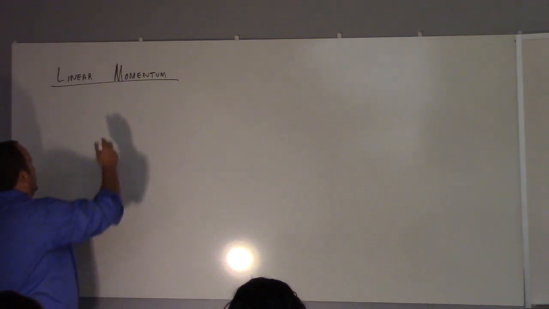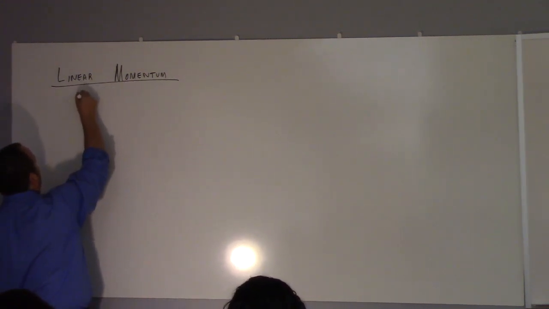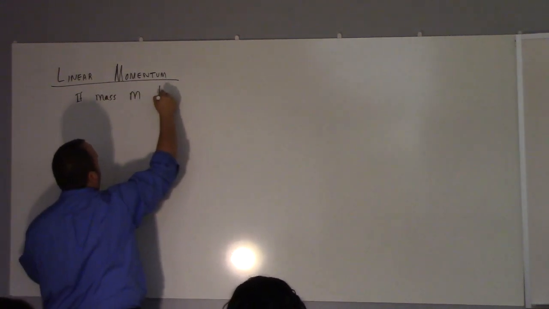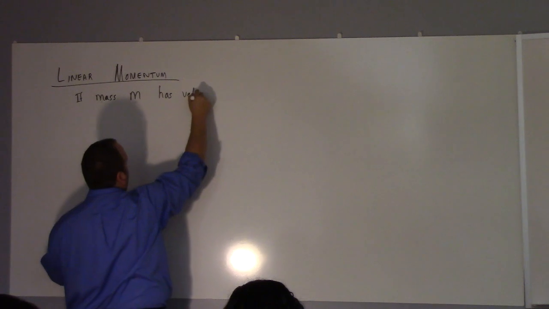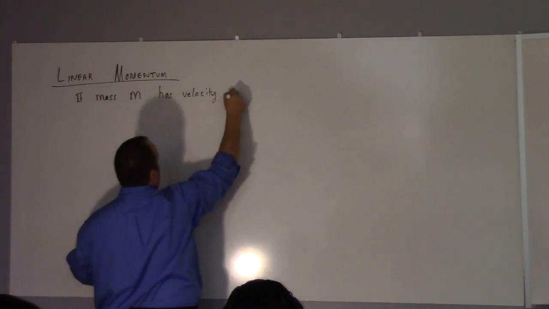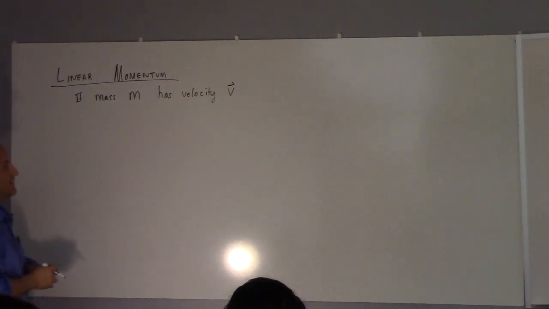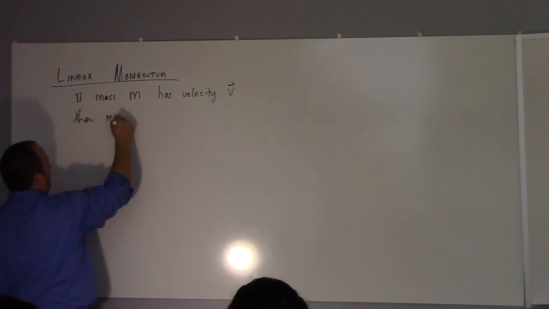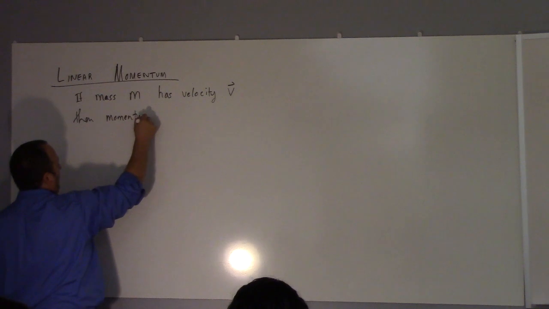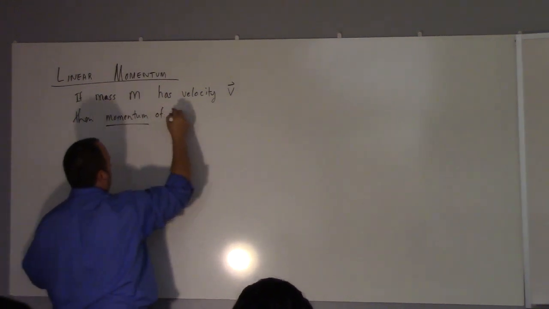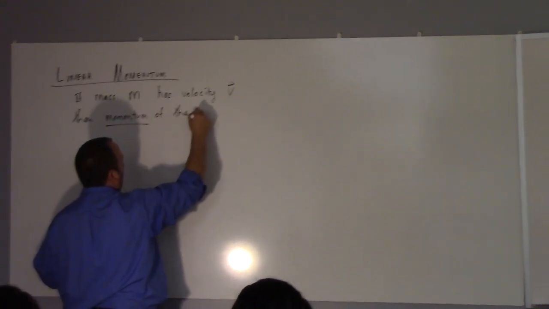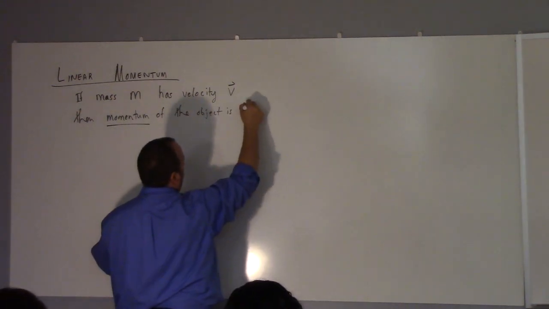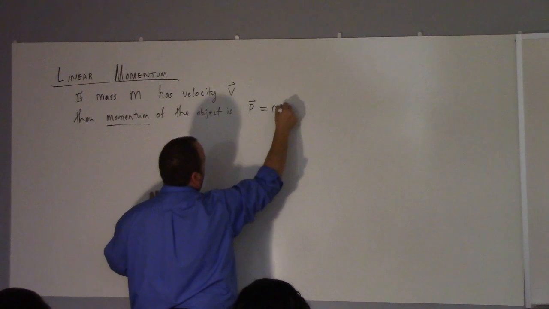And so the basic idea is that if mass m has velocity v, all right, then the momentum of the object is what? P equals mv.